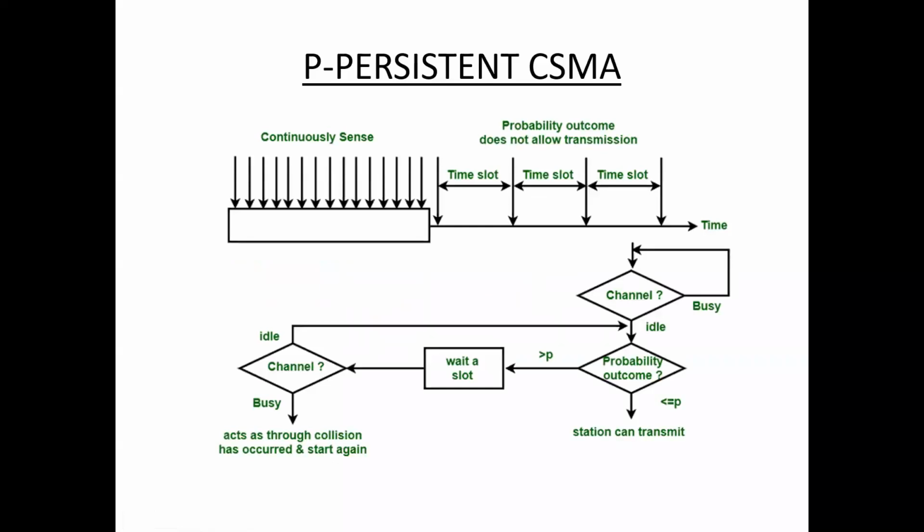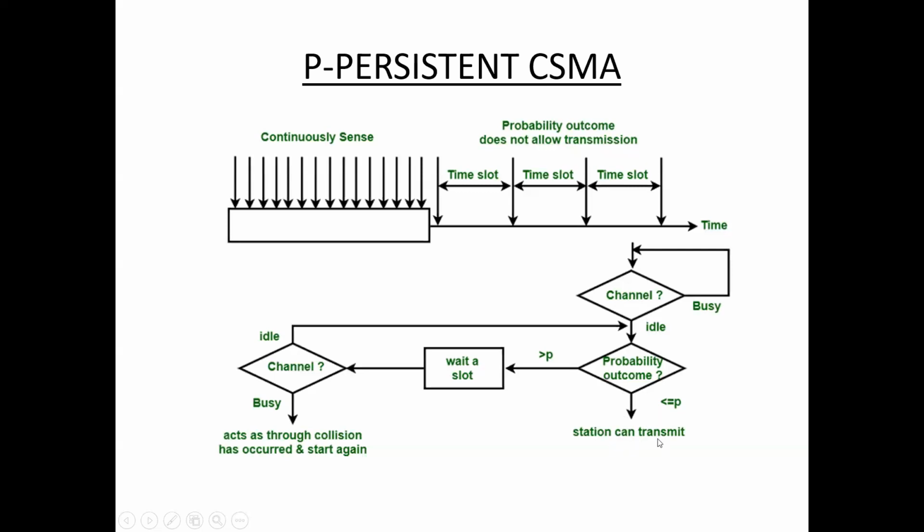Next one, p-persistent CSMA. Here the station continuously senses the channel. If the channel is idle, it transfers the frame with probability p.